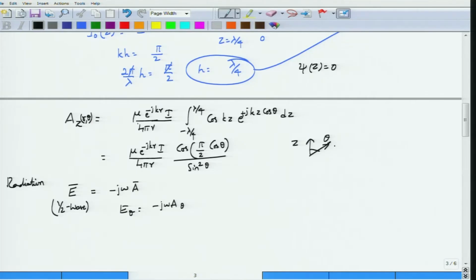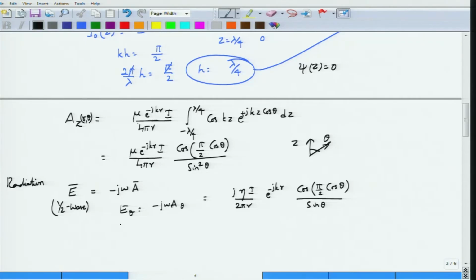From that relationship you can find that the electric field E theta is given by j eta I divided by 2 pi r, e to the power minus j k r, cos of pi by 2 cos theta divided by sin theta. One of the sin factors goes away, because the theta component is z times sin theta, the angle along that direction, and this is in the direction of theta itself. So this is the electric field pattern.